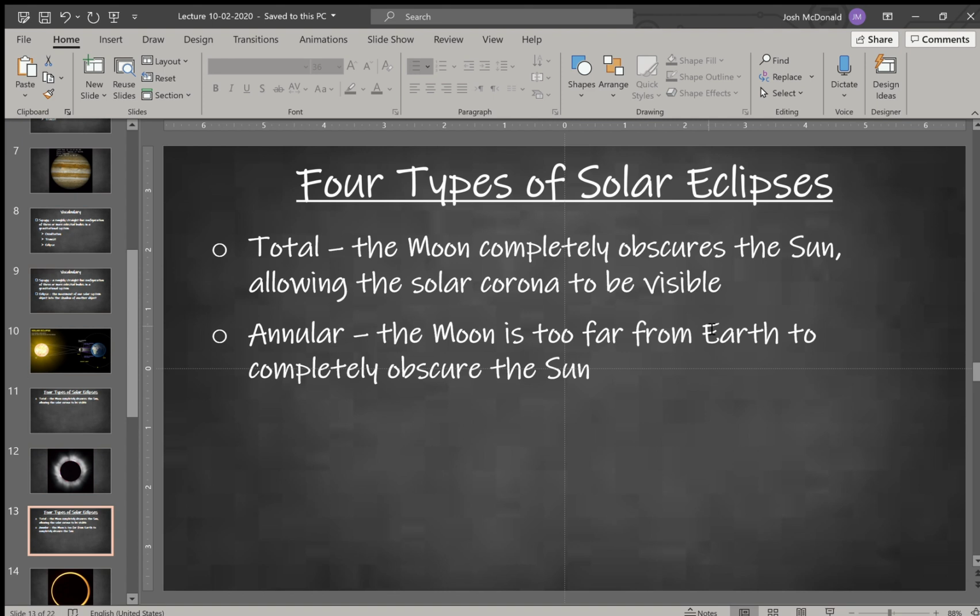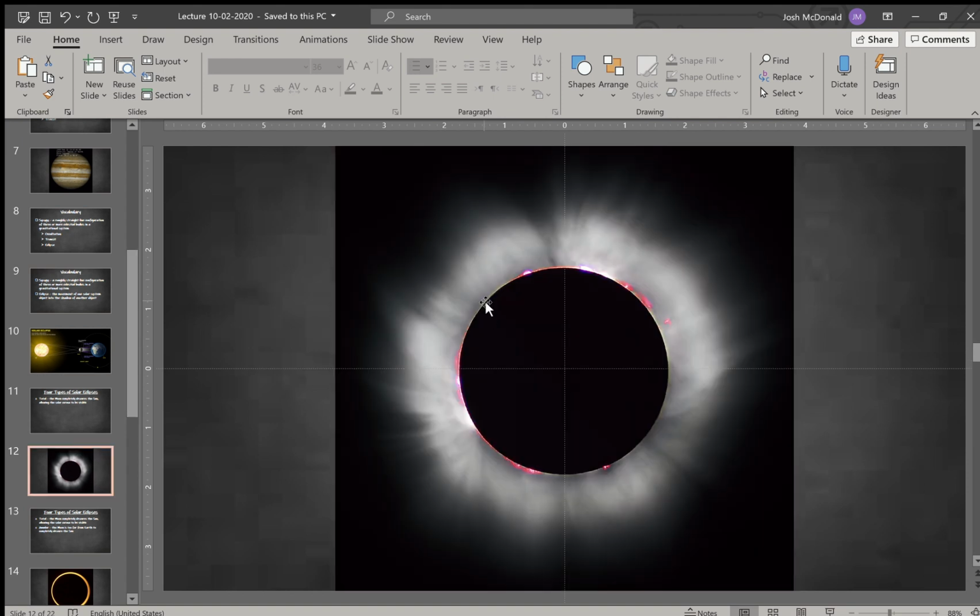If the moon is in apogee, it's going to appear smaller to us. So during an annular eclipse, the moon is too far from Earth to completely obscure the sun. In the total eclipse, you've got it just perfectly obscured so that the corona becomes visible.